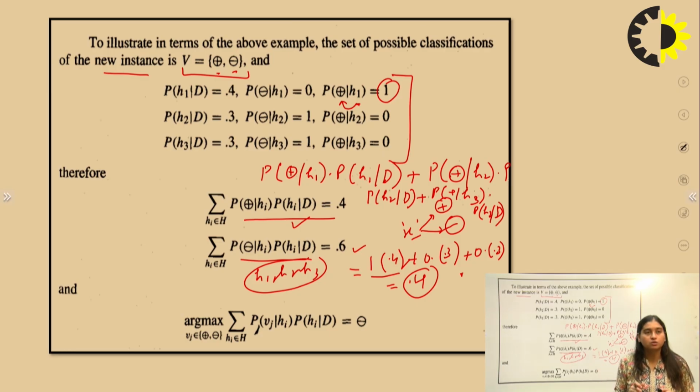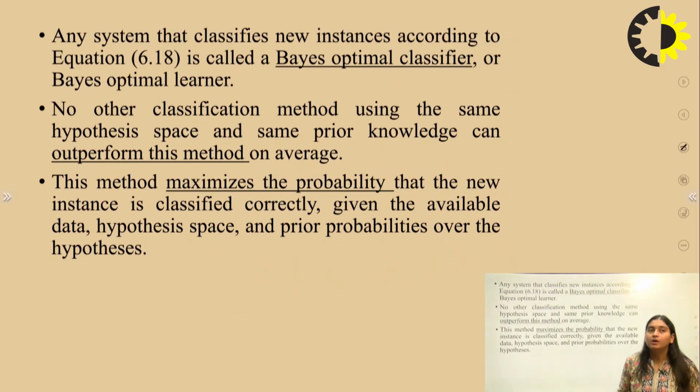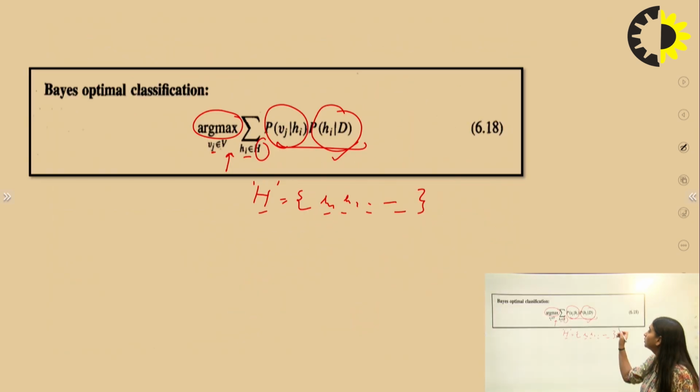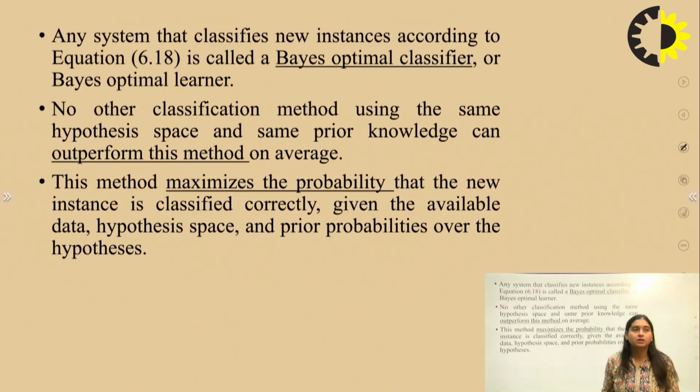So 0.6 is obviously greater than 0.4, and with the help of this we can say that your new instance will belong to the negative category. Now any system that classifies the new instance according to equation 6.18, that is nothing but this equation, is your Bayes optimal classifier or Bayes optimal learner.